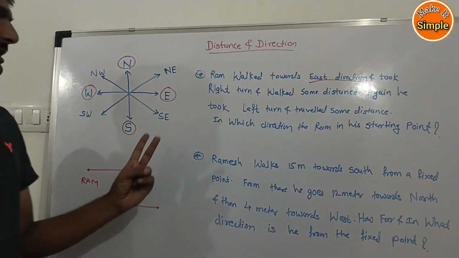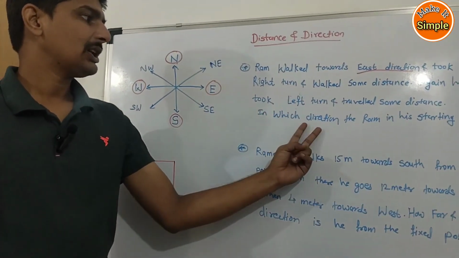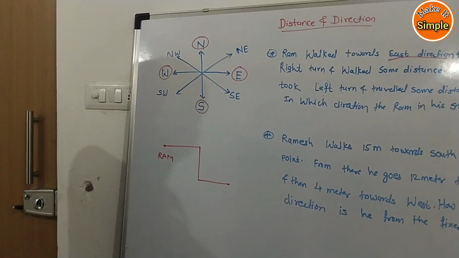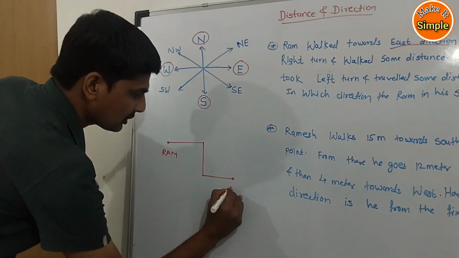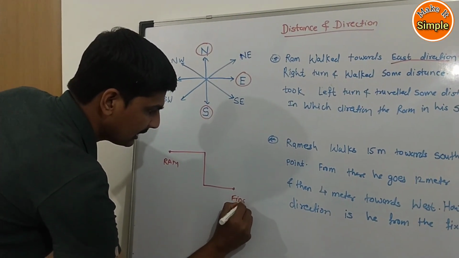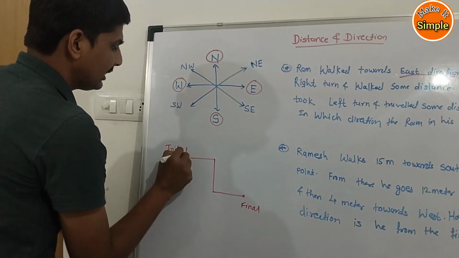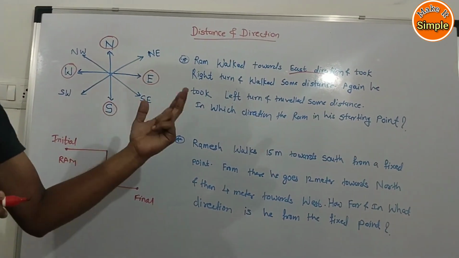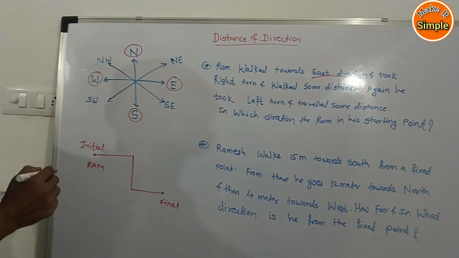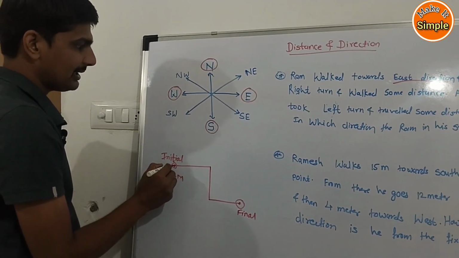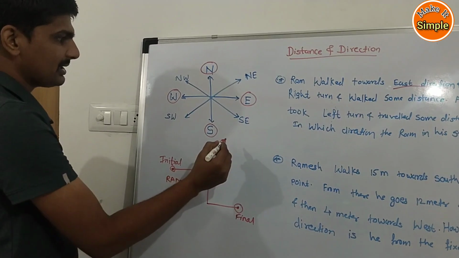And what is asked in the question: in which direction is Ram from his starting point? This is the final position of Ram and this is the initial position of Ram. From his starting point he is in the southeast direction.